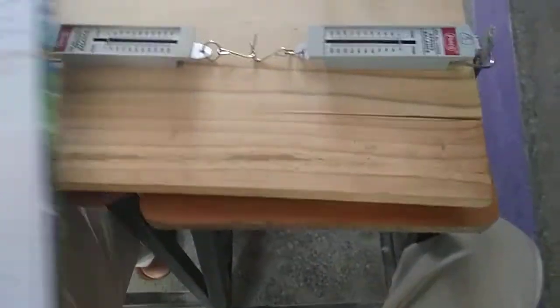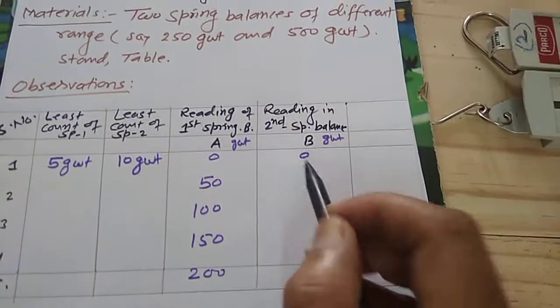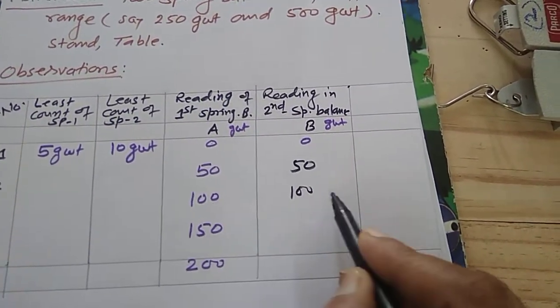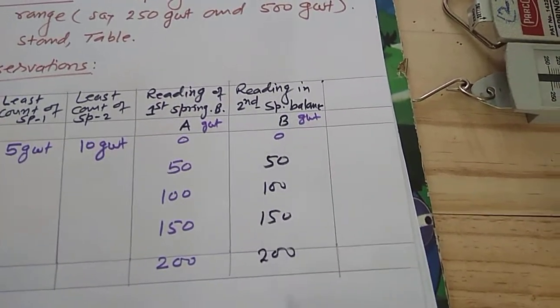Note down these values in your notebook and give the result. See here, suppose 0 and 0, you have seen 0, 0, then 50, here it will also be 50, corresponding to 100 it is 100, 150 to 150, and 200 to 200.